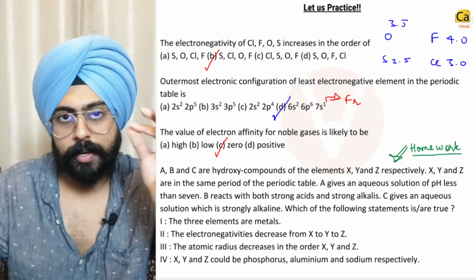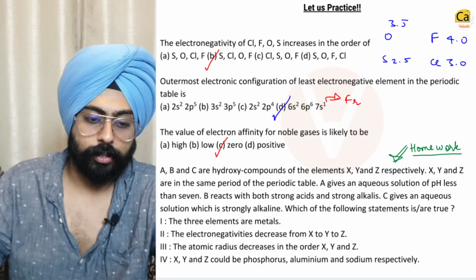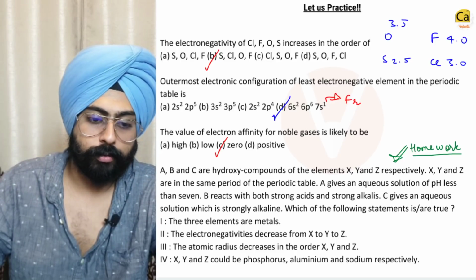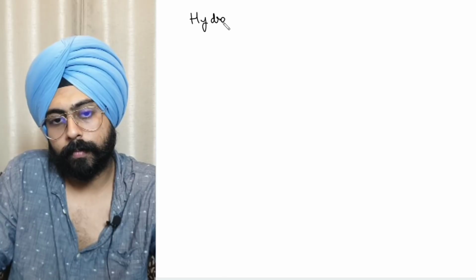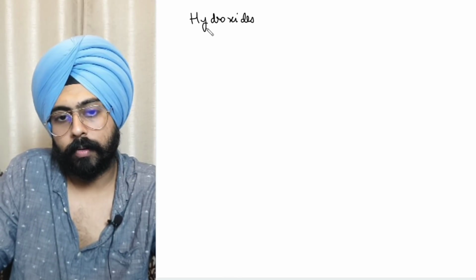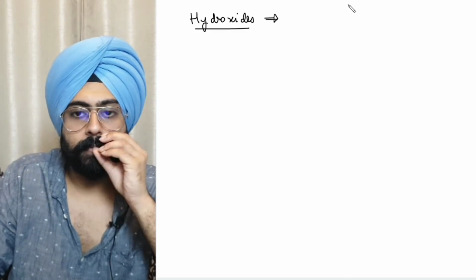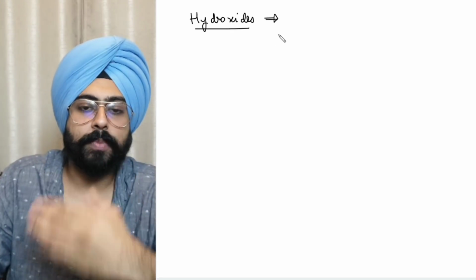So one piece of information that I would love to give you for this question, which is also important for this particular chapter, is that if you have hydroxides, my dear friends, hydroxides में क्या होता है?